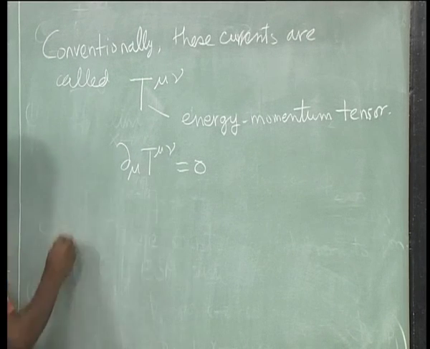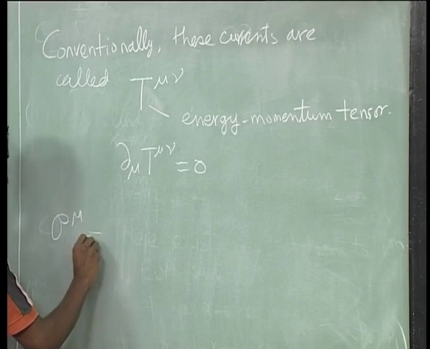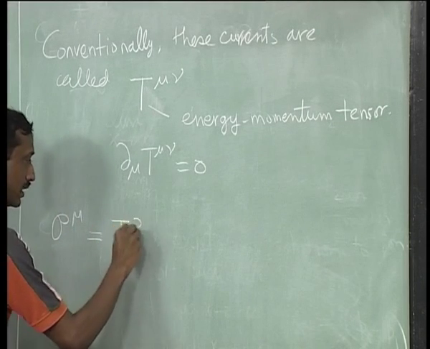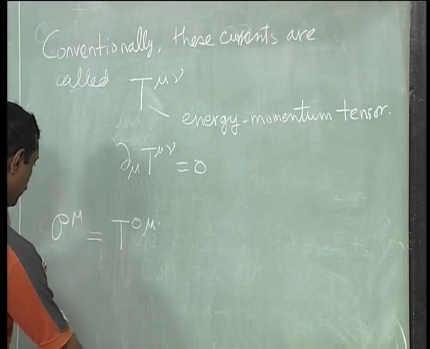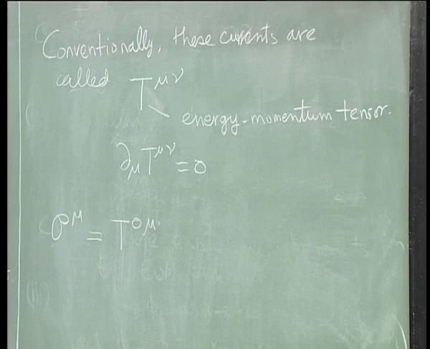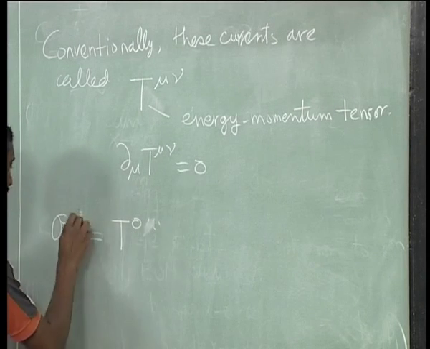So now we can ask, what are the charges? I will just call them P, defined to be the 0th part of the current. Let me use the same index which I used there.